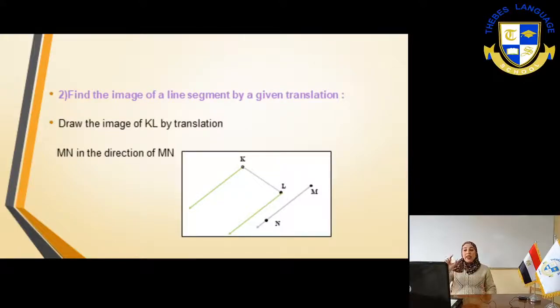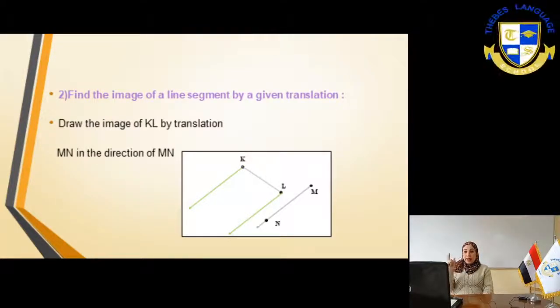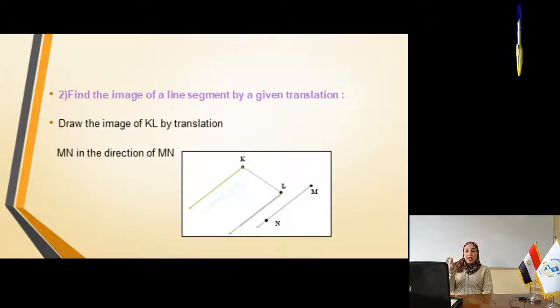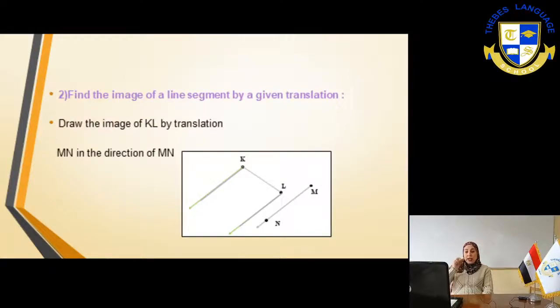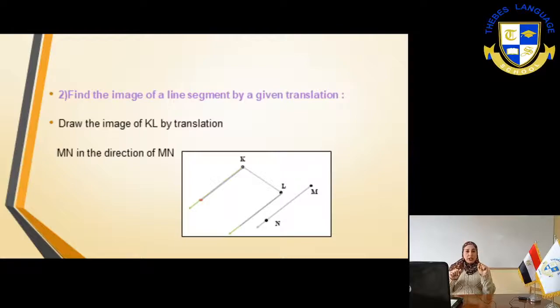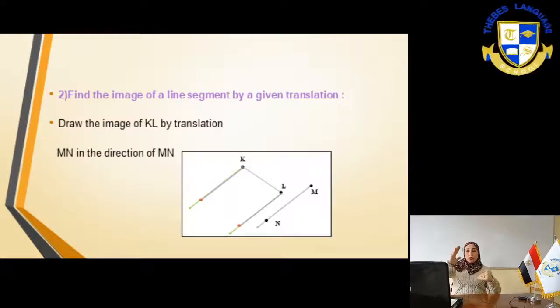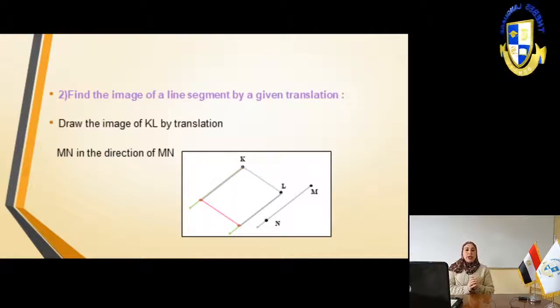By taking the measure of MN, I'll put it on the new 2 lines, from L and from K. Now I have 2 dots which represent L dash and K dash. Now join them, which means I transform all the line KL to K dash L dash.